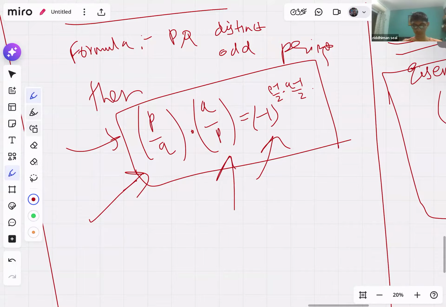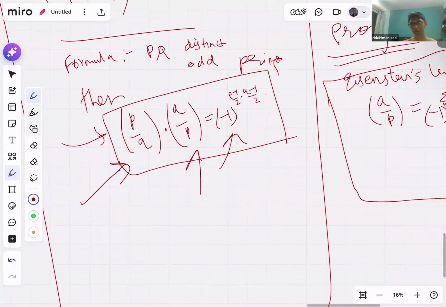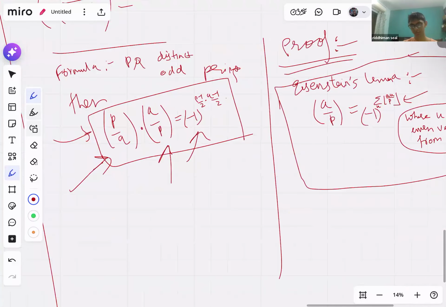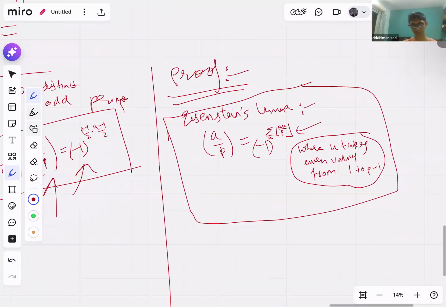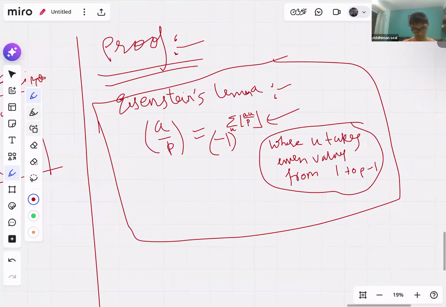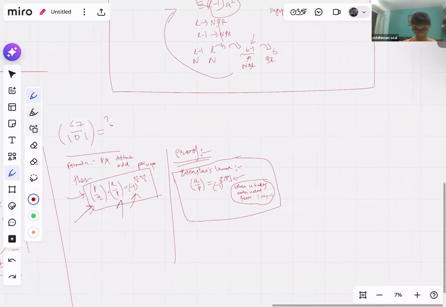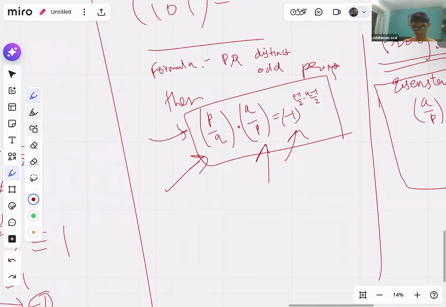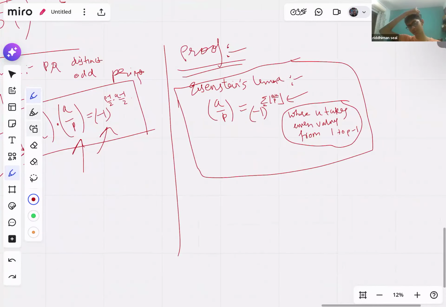You can't take mod p and mod q together. Okay, don't go for the quadratic reciprocity formula. Try this.